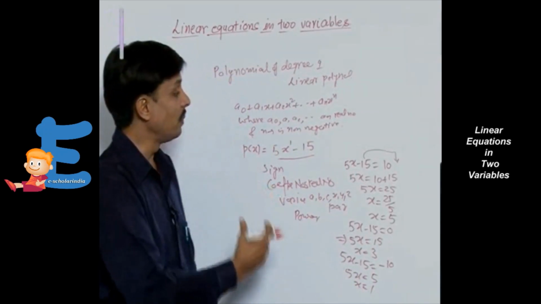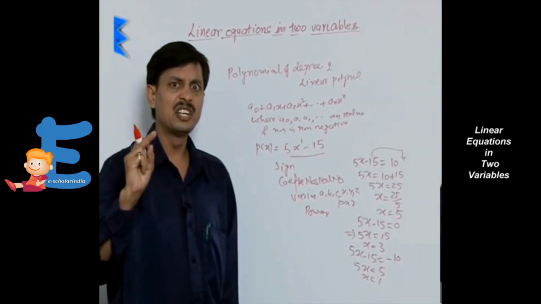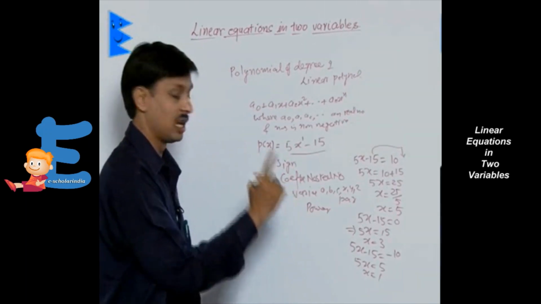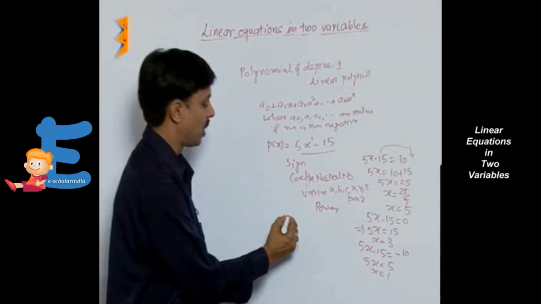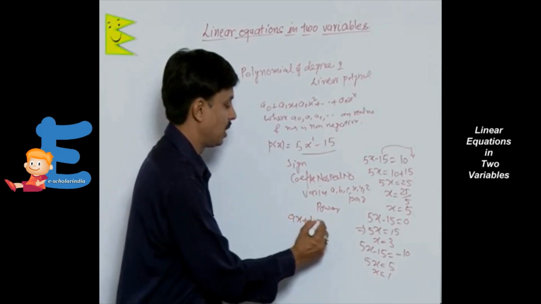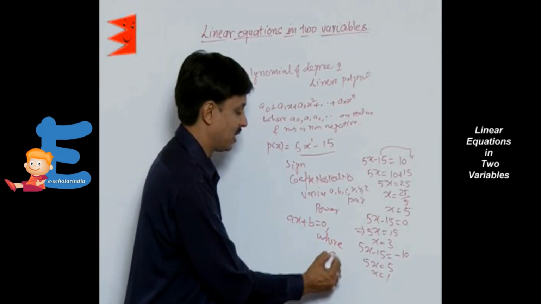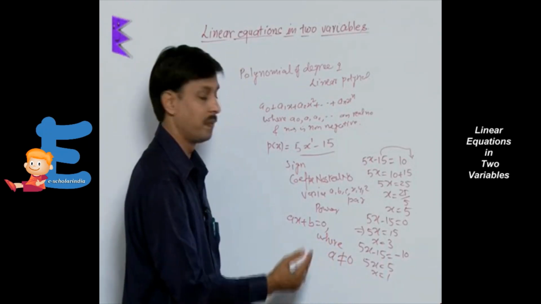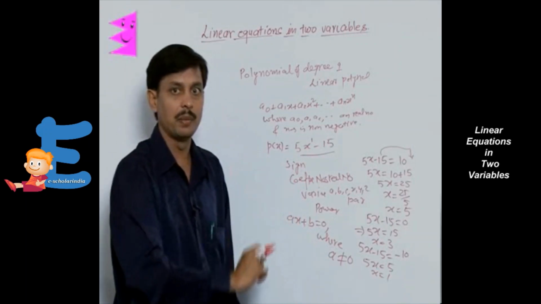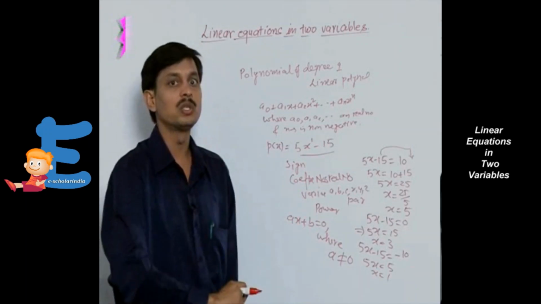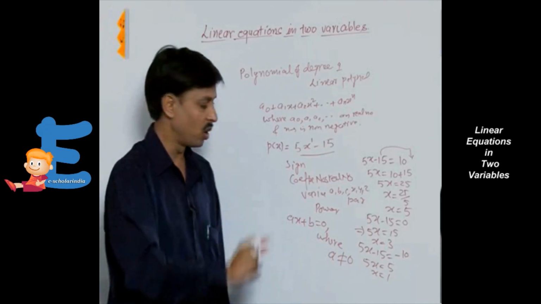1. So ultimately, the standard form of the linear equation in one variable can be written like this: any linear equation of the form ax plus b is equal to 0, where the mandatory condition is that a is not equal to 0. It has one zero, that is, one solution, one root.